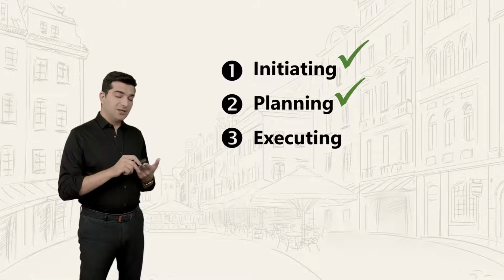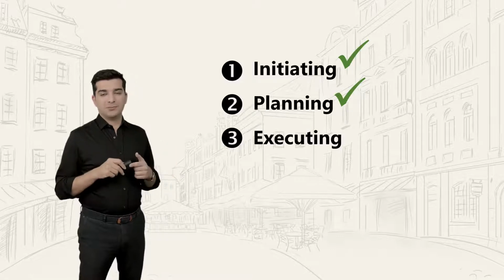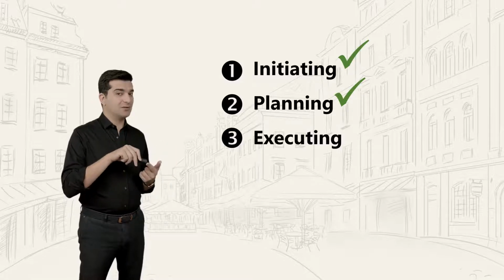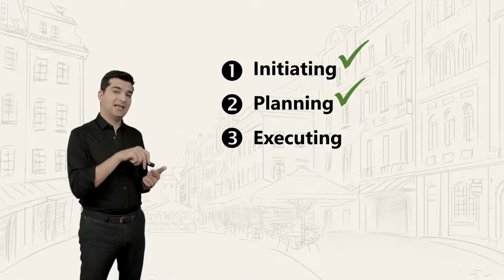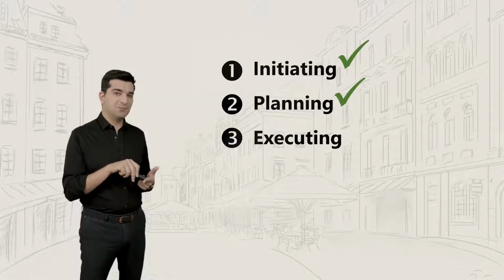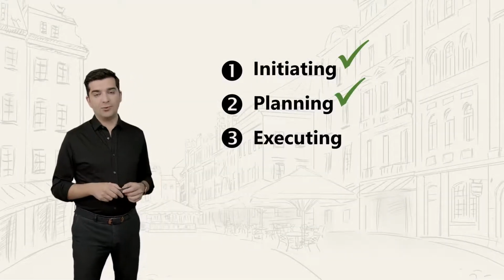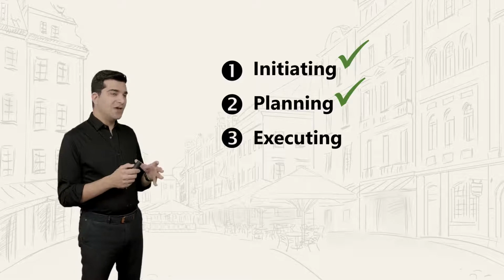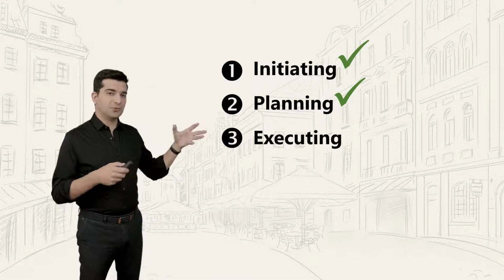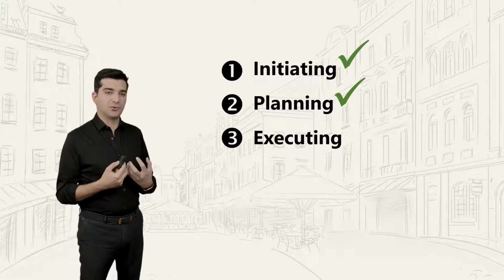Then we try to understand everyone who's involved in the project, people who have some type of interest in the project and can impact the project. And what's the name of those people? Stakeholders. And we create a document called Stakeholder Register. Those are the two things that we do to initiate the project when we prepare ourselves for the project.